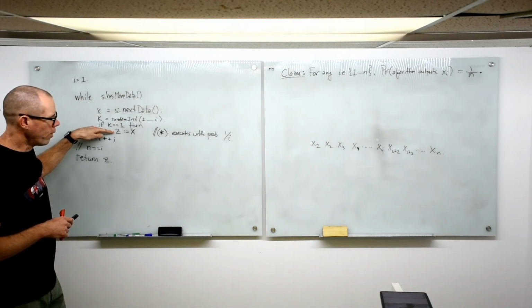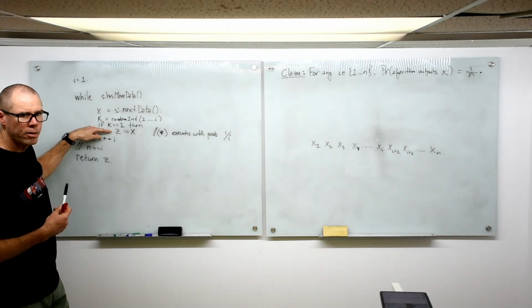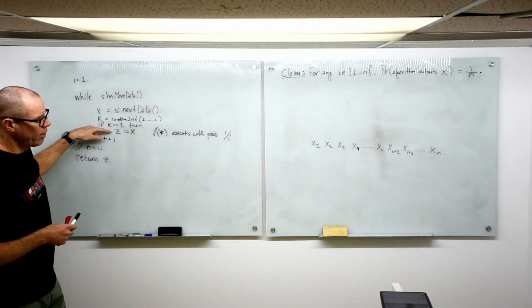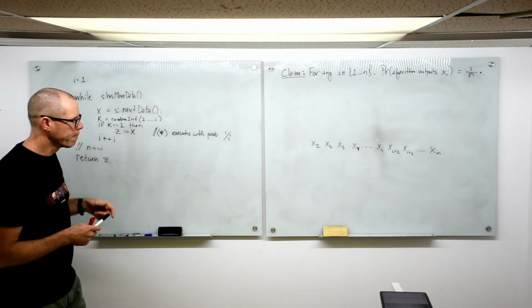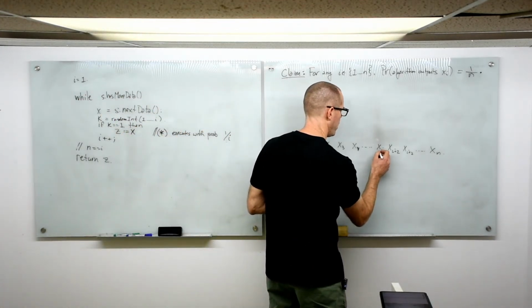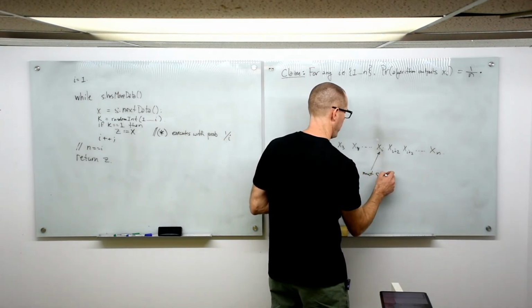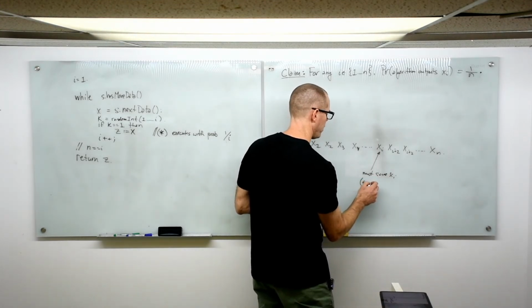So if you want to output it, you better save it. That doesn't guarantee that you will output it, because something might overwrite it later, but it's absolutely necessary that you save xi, and that means that you have to execute that line.